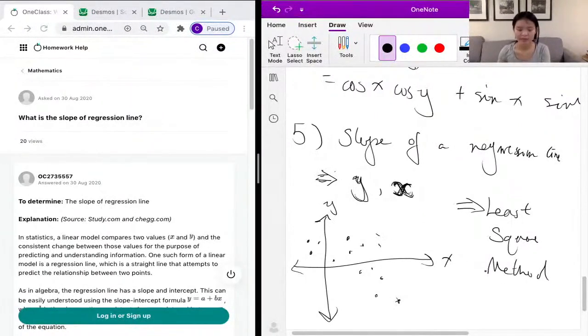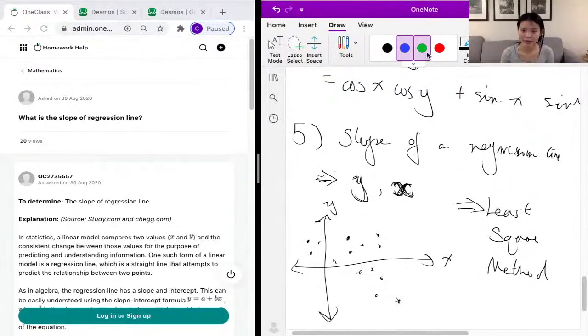We're trying to use this method to fit these data points into a line where we minimize the distance between the dots and the line that we're going to fit. That way we can find a line that fits the data the best, or that best gives the information of the data.